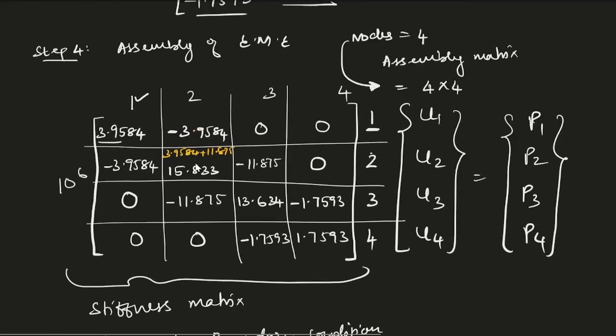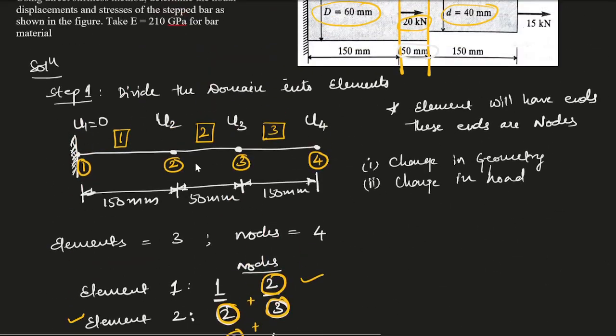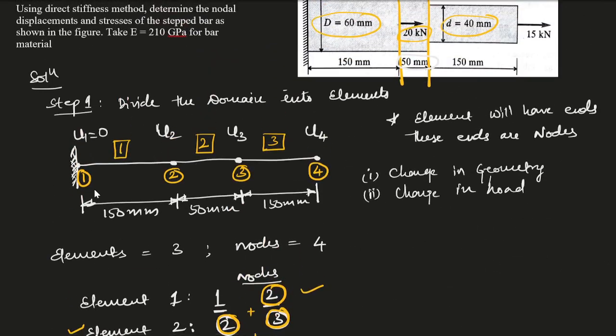Now go for the load vector. The same thing here, we'll have P1, P2, P3 and P4. P1 is fixed, this means that there will be some reaction, which we have to find out. At P2 we have a load of 20 kilonewton. At P3 there is no load, so it will become 0.